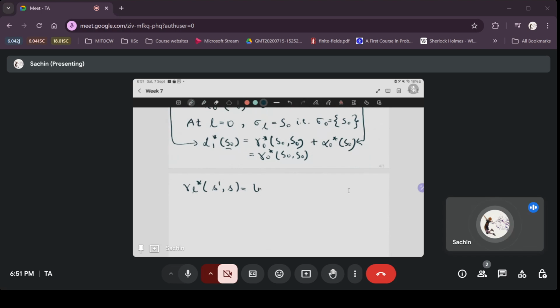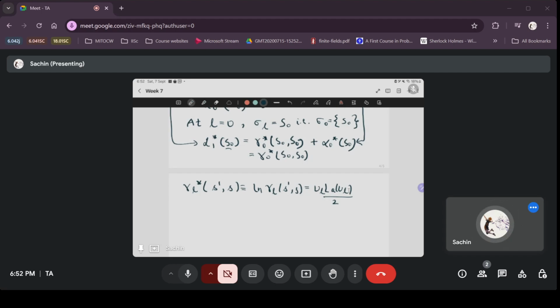This is by definition equal to log of gamma L of S prime comma S, which is equal to L_A of UL. UL is the information bit at time L. L_A of UL is the a priori log likelihood ratio, the natural log of the probability that UL is equal to 1 divided by the probability that UL is equal to minus 1.